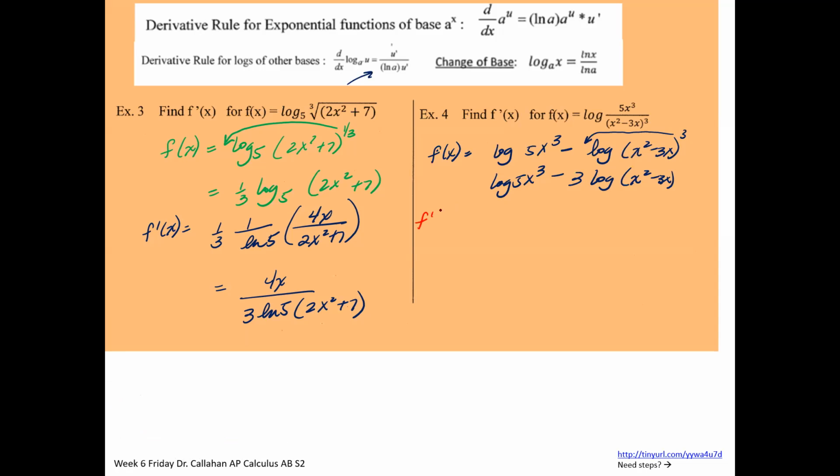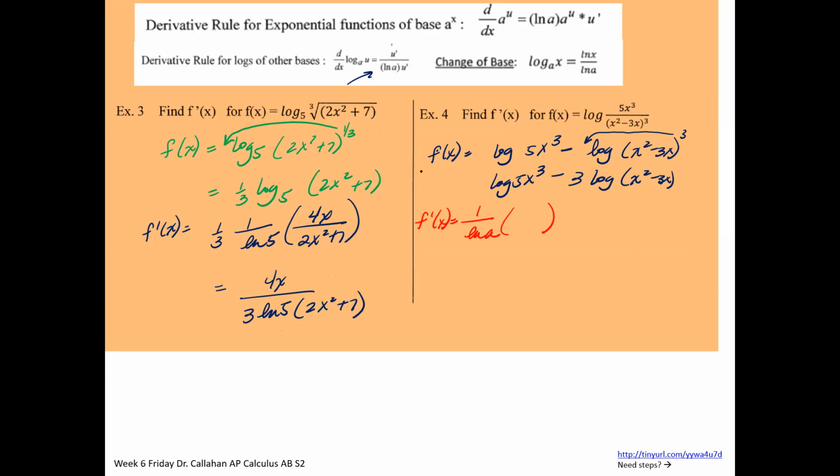So then my f prime of x is equal to, for log sub a, it's going to be 1 over ln a. So I have 1 over ln a times u prime. So u in this case is going to be 5x cubed.